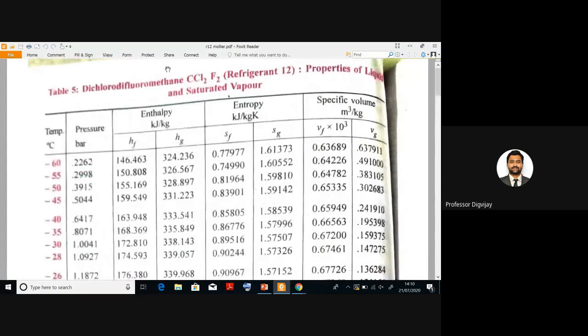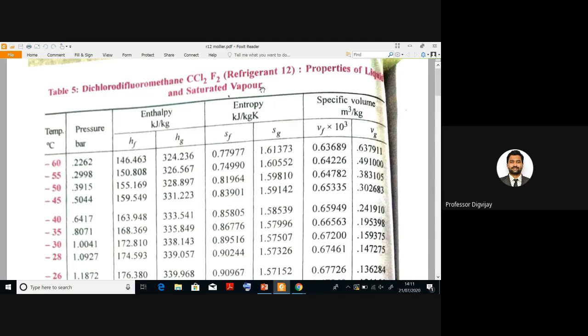I hope you all can see. So see here, this is the table for R12, which is also called difluoromethane, CCl2F2. So that is refrigerant R12. Properties of liquid and saturated vapor. So this is the section for R12.